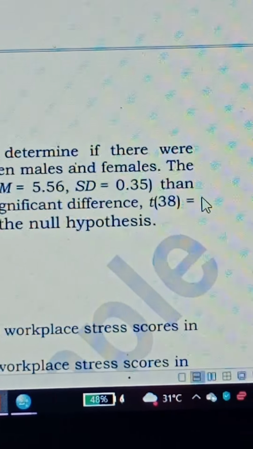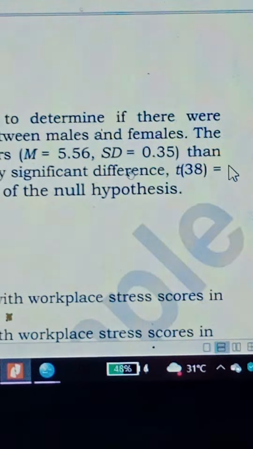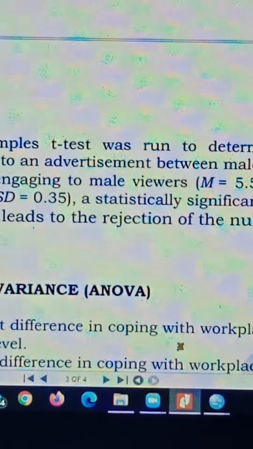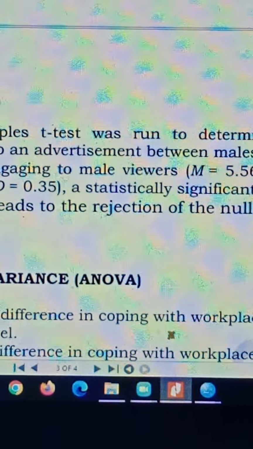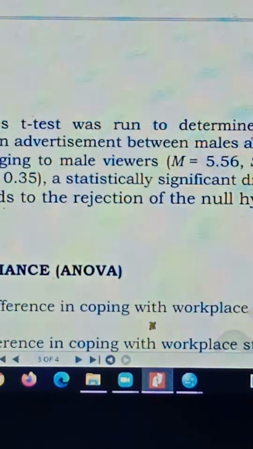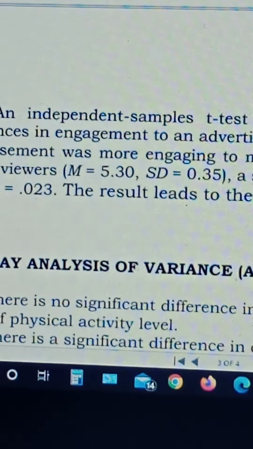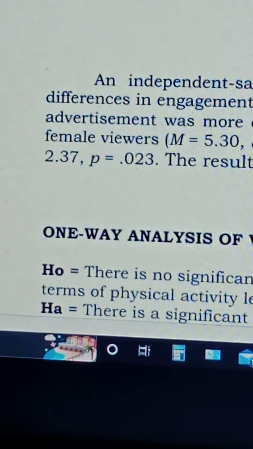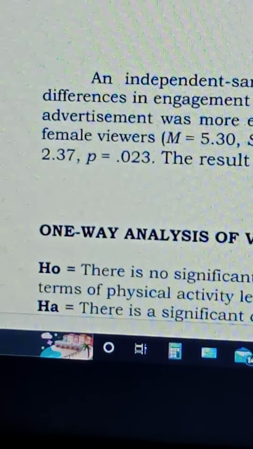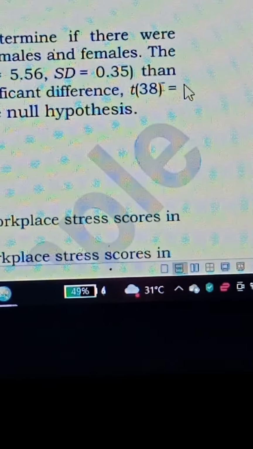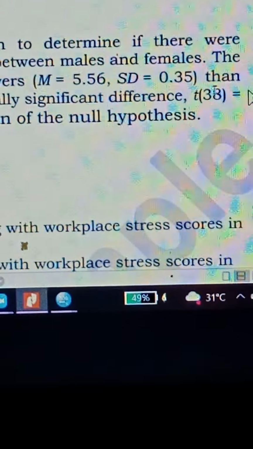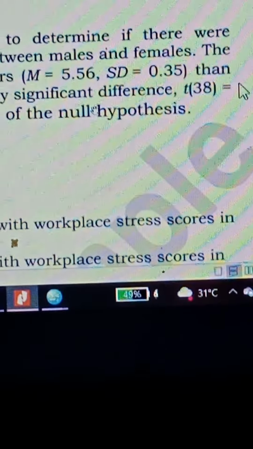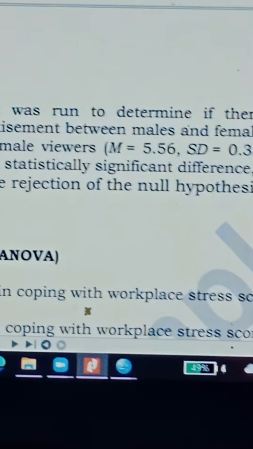Which is also a statistically significant difference of 2.37, and P is equal to 0.023. The 38 here is, by the way, the degrees of freedom, as I said earlier. There were 40 respondents, so degrees of freedom is minus 2, that's 38. That's why you have the 38 here. Decision: the result leads to the rejection of the null hypothesis because the results were significant.